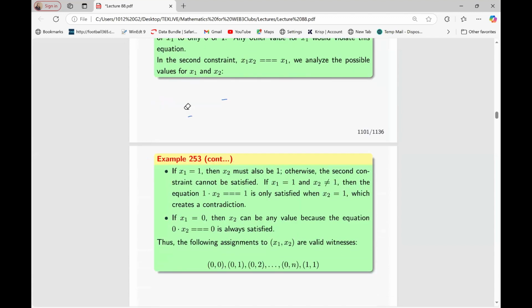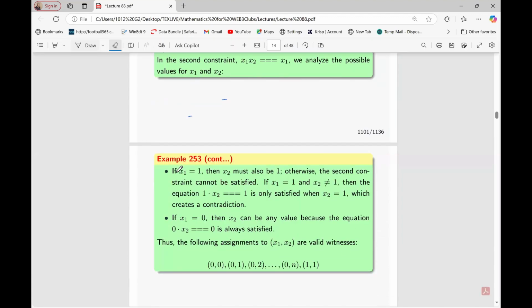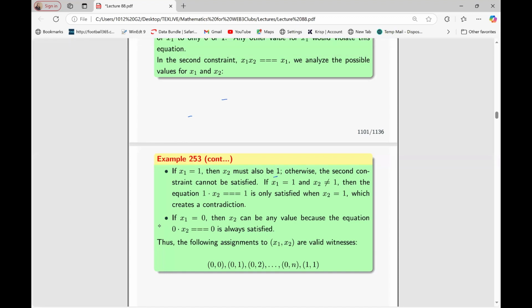So this is just an explanation of what I've already explained. I've said if x1 is 1, then x2 must also be 1. Otherwise, if x2 is not 1, then the second constraint will not be satisfied. So what about if x2 is not 1 when x1 is 1?